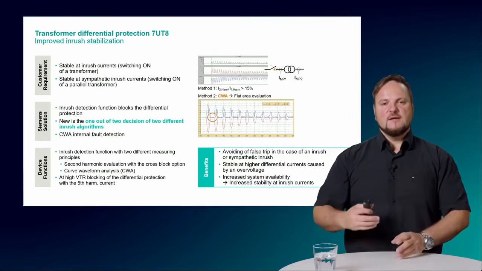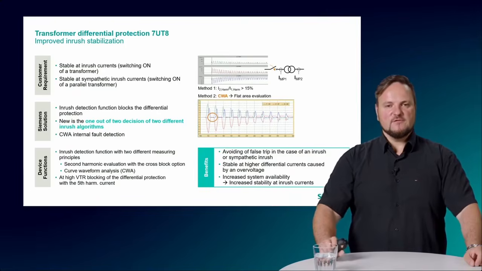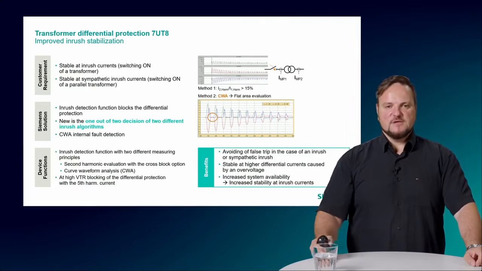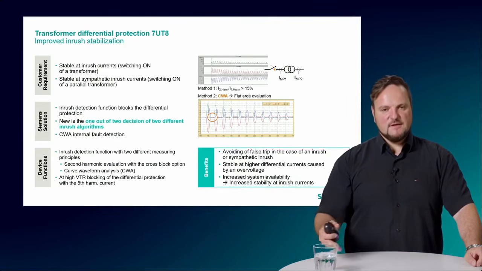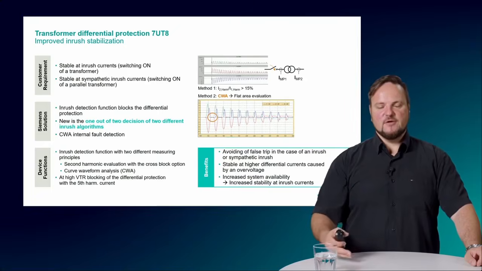So here now we have the CWA internal fault detection. That means this second method from the CWA algorithm is checking whether this looks like a normal sinusoidal internal fault, and then we suppress the blocking of the second harmonic.